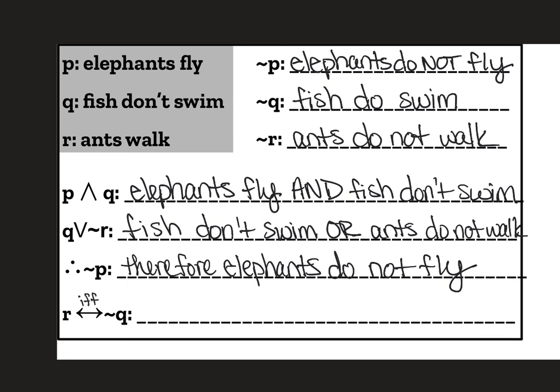So we have statement R, which says ants walk if and only if fish do swim. How'd you do?